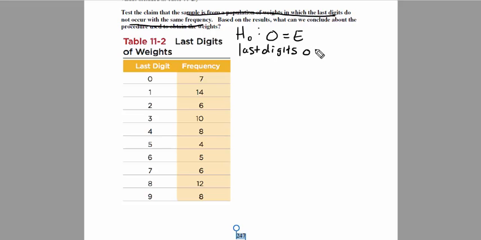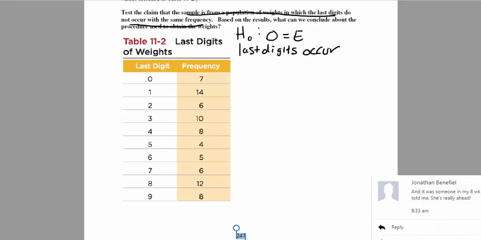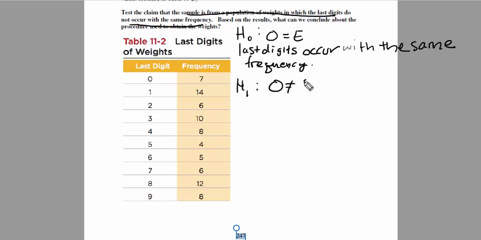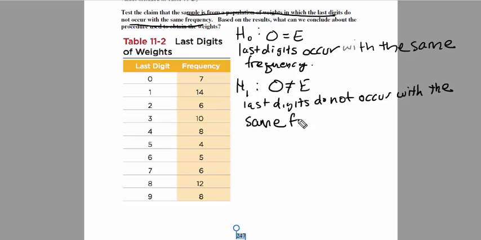digits occur with the same frequency. And H1 is O not equal to E, meaning that the last digits do not occur with the same frequency.